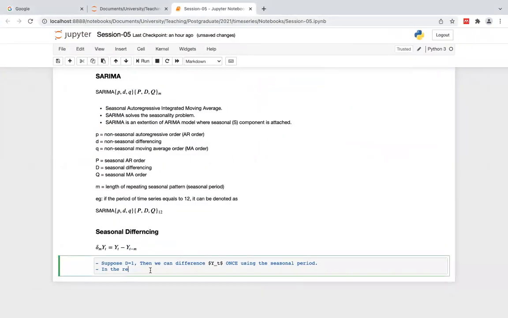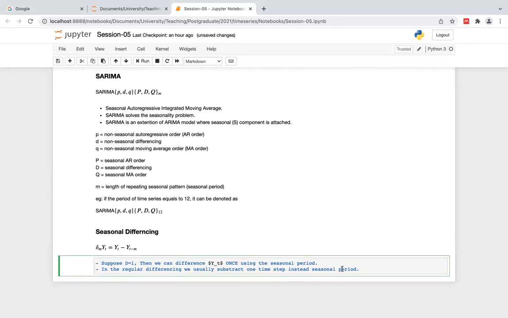In regular differencing, we usually subtract one time step only, instead of the seasonal period. That's the difference.